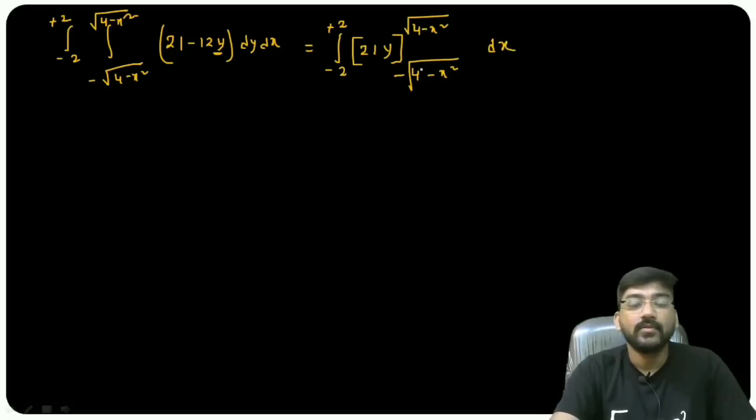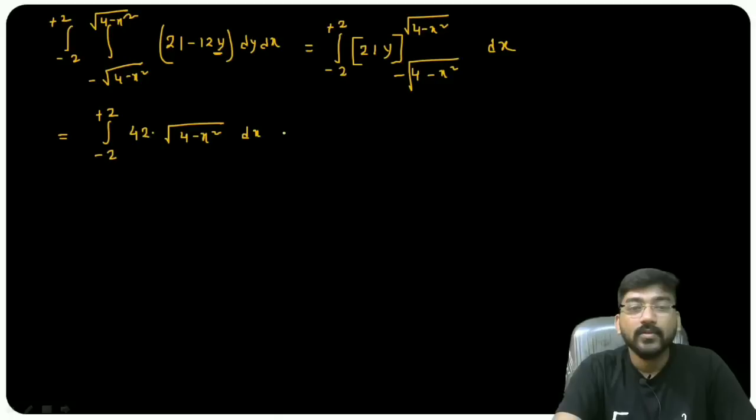Now the integration will be with respect to x. Putting the limit here, it will be 2 into root over 4 minus x square, so 21 into 2 means 42, and 42 into root over 4 minus x square dx. So it will be 42 into the integration from minus 2 to plus 2 of root over 4 minus x square.